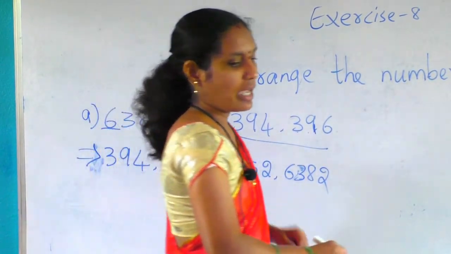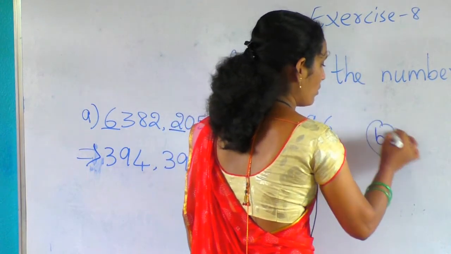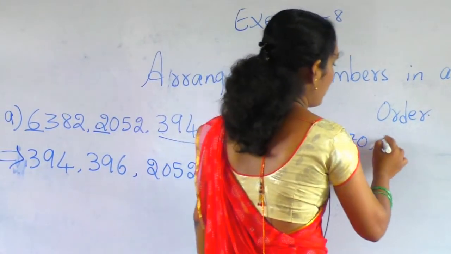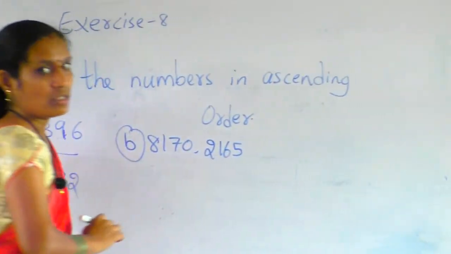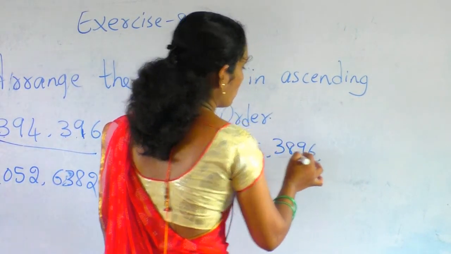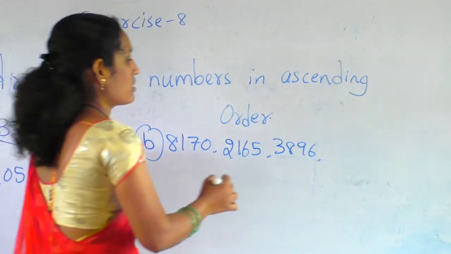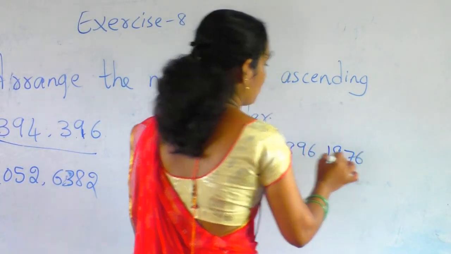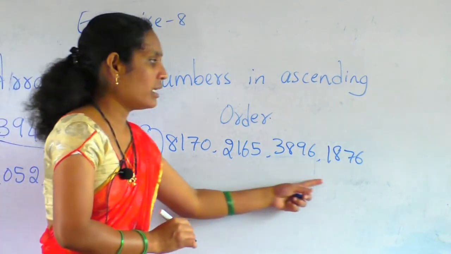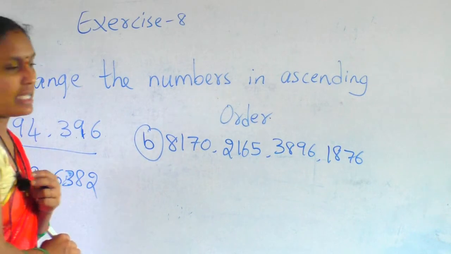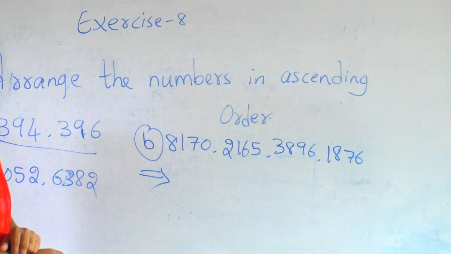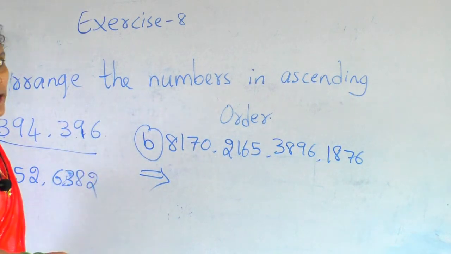Second one I will show you. 8170. Next 2165. 3896. 1876. These numbers, all are in thousands places only. Is it? See. Then how we are writing the smaller to bigger number? See the place value.